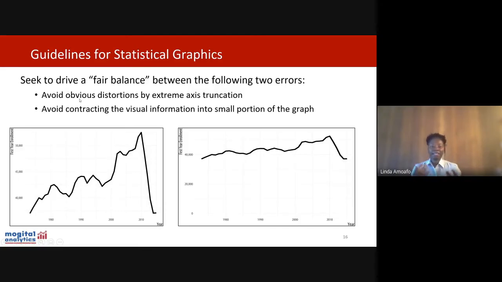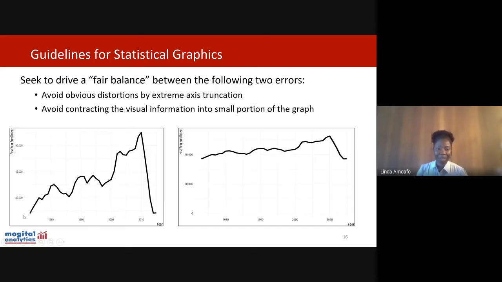Tufte, in his 1983 paper that I mentioned before, says that it seeks to drive a fair balance between two errors. One is to avoid obvious distortions by extreme axis truncation, which is what is shown in the left-hand panel. Here we realize that it doesn't start from zero.